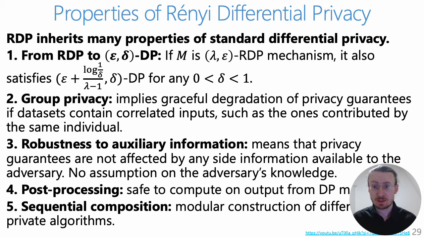RDP also provides a post-processing guarantee, thus it is safe to compute on outputs from RDP mechanisms without any further loss of privacy. Finally, RDP also provides sequential composition and can be used to construct complex mechanisms composed of many simple mechanisms. It is especially useful for ML privacy for DP-SGD as well as for the next framework that we will discuss called PATE.